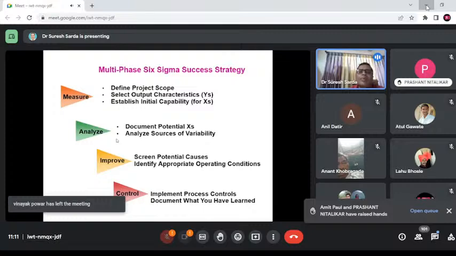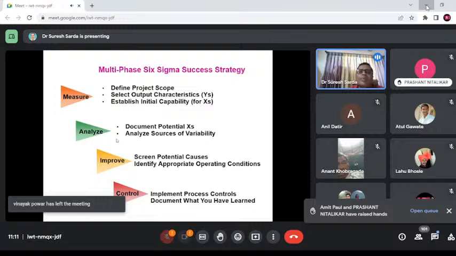Any problem, either students' success or your industry's success, you list out all the factors, and you will realize that there are a few very important factors on which you should take action. These are known as KPIVs, key process input variables, and KPOVs, key process output variables. So these are important parameters.